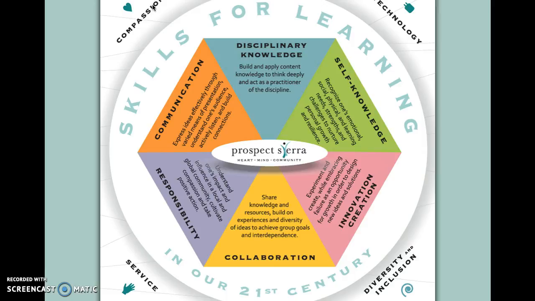So we need to teach students how to acquire these skills now as they work through their education, so that when they go to an interview, they are ready to say, I have great responsibility, I'm a collaborative worker, I am a great communicator. They know what these are, they're aware of them, and they know how to actually be a good communicator, or how to be innovative, or how to have disciplinary knowledge.